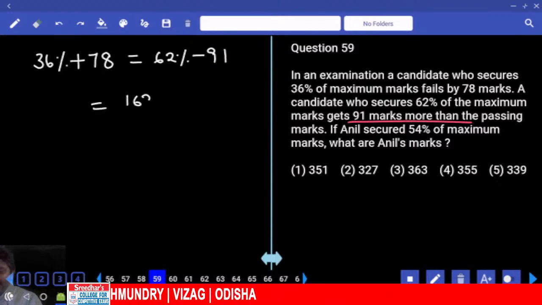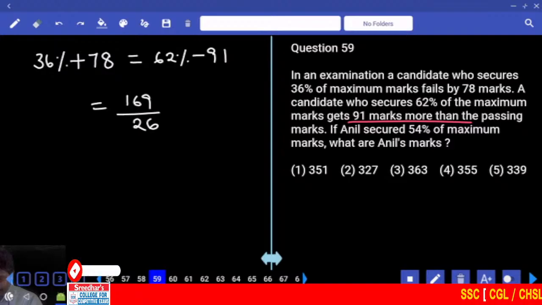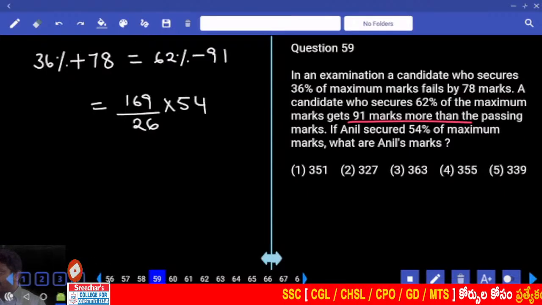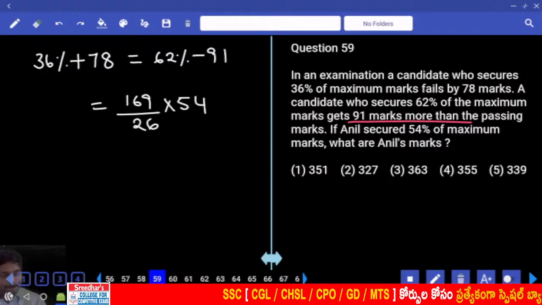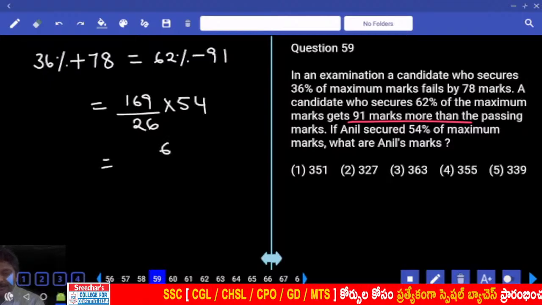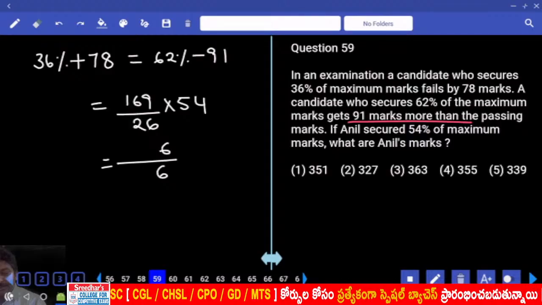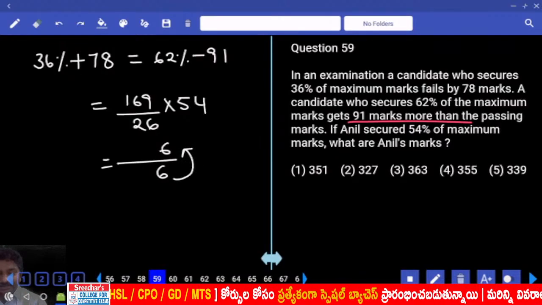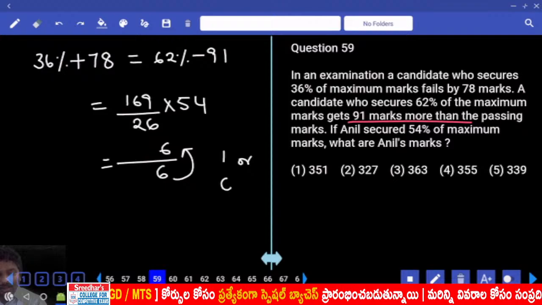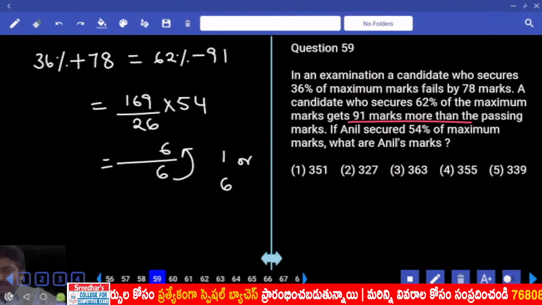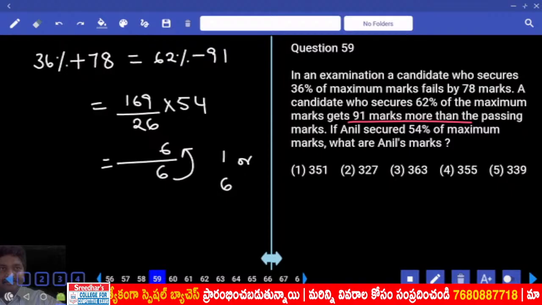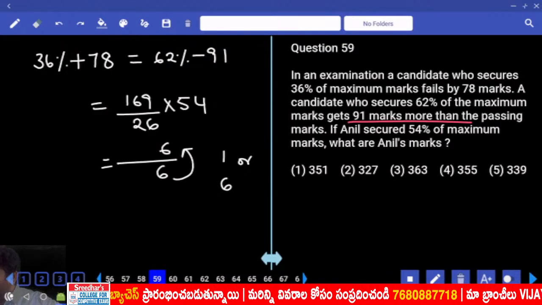So 169 marks are equal to 26%. 1% value is 26 divided. But we need 54% into 54. Numerator ends with, denominator ends with 6, into which number ends with 6? Either 1 or 6. The answer should end with 1 or 6. There is only one option, 351 final. Clear?